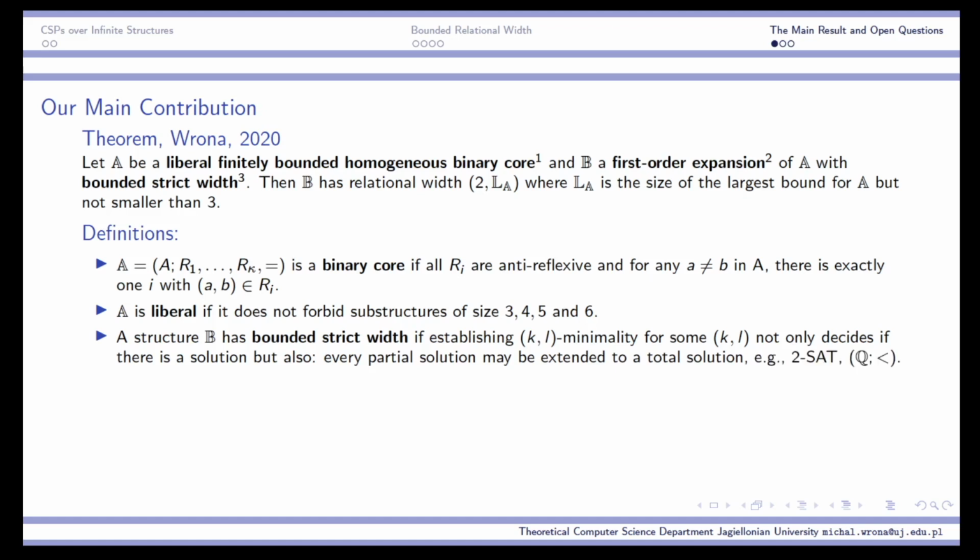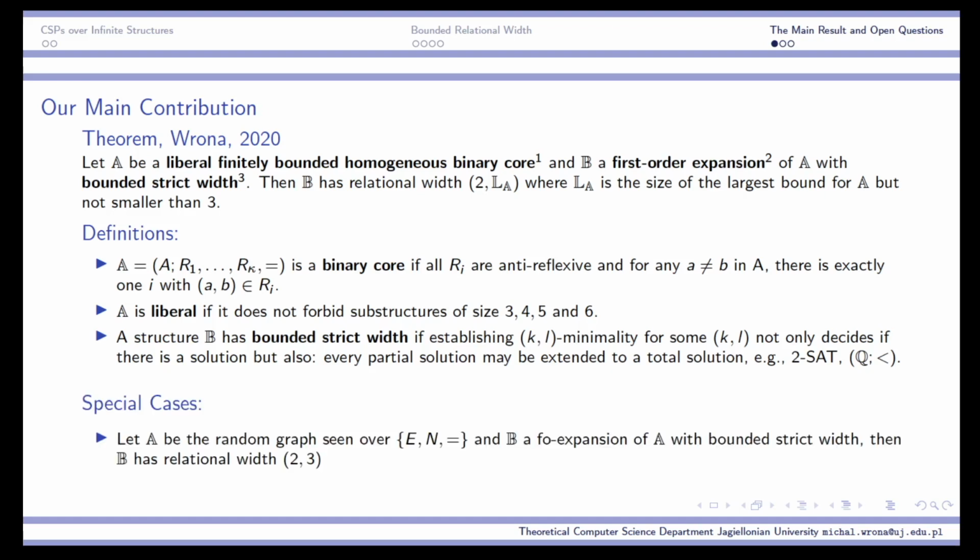And for instance, the structure behind the 2-SAT problem, which is of course also a CSP, or the structure Q with the order, so the diagram isoclassicity problem, may have this bounded strict width property. In special cases, when we take A which is a random graph, we remember that all the forbidden substructures are very small, of size 2.